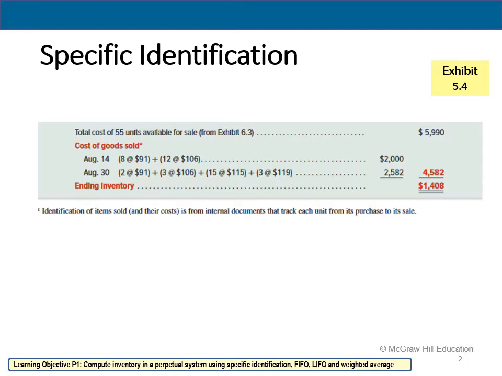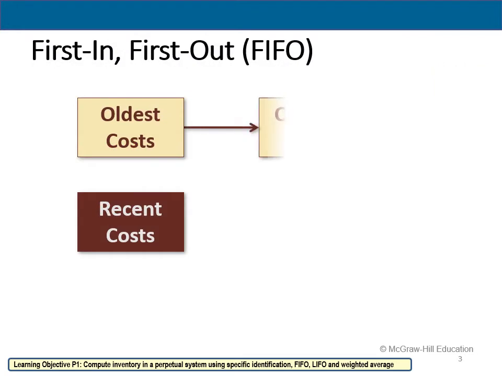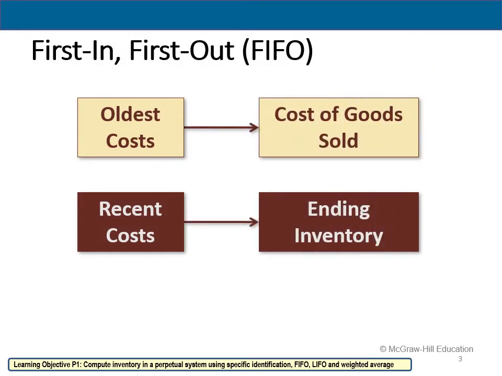It is not economically feasible for most retail establishments. For instance, Walmart, if they have 100 jars of peanut butter on the shelf, first of all, they're not serial numbered, so how would you keep track if they had different costs? Secondly, they may have different costs, but they're likely to be very close, and they're identical in nature.